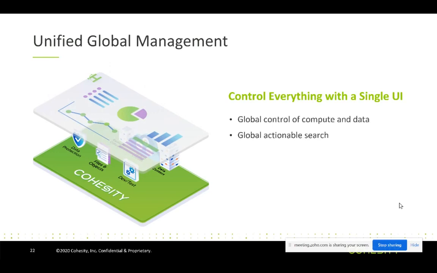Okay? So you'll have that global control for the compute and data, where it is exactly. But more importantly, you will control the RPO and the RTO, the SLA, and the configuration across all the clusters and data centers you have where you have Cohesity and you have the backup there, for example.